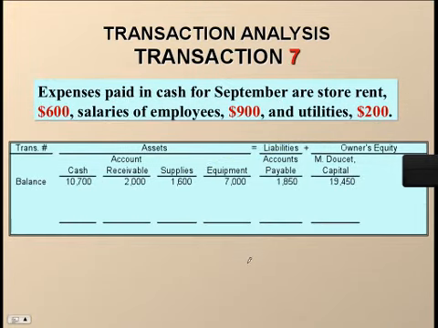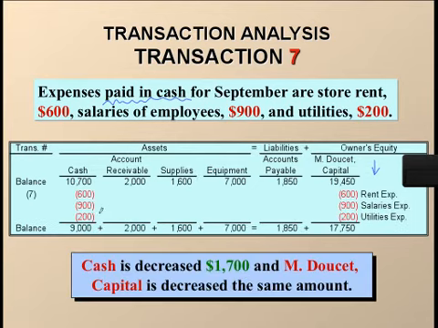Transaction number 7: expenses paid in cash for September are store rent for $600, salaries of employees for $900, and utilities $200. So these are all expenses, which we know are owner's equity accounts, and expenses make owner's equity go down. We did pay in cash, so our cash went down the whole amount. If you add it all up, it's going to be $1,700.